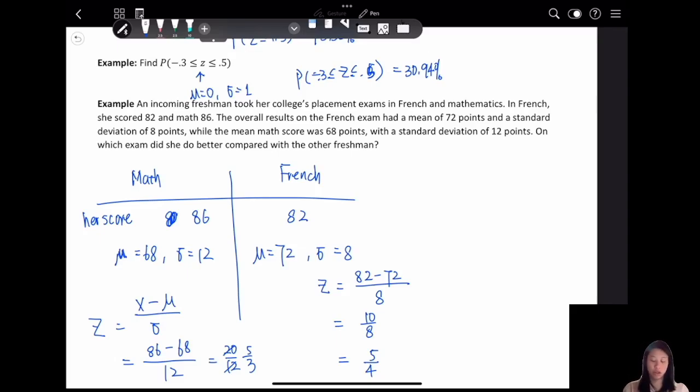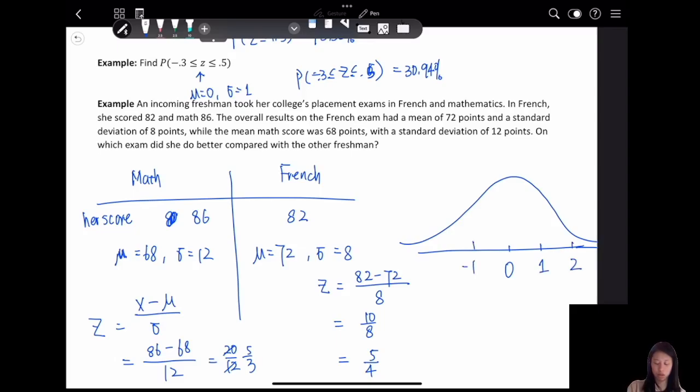Which number is bigger? Now let's try to draw the graph. For the standardized normal distribution, the center is 0, with 1 standard deviation, 2 standard deviations, and -1 and -2.